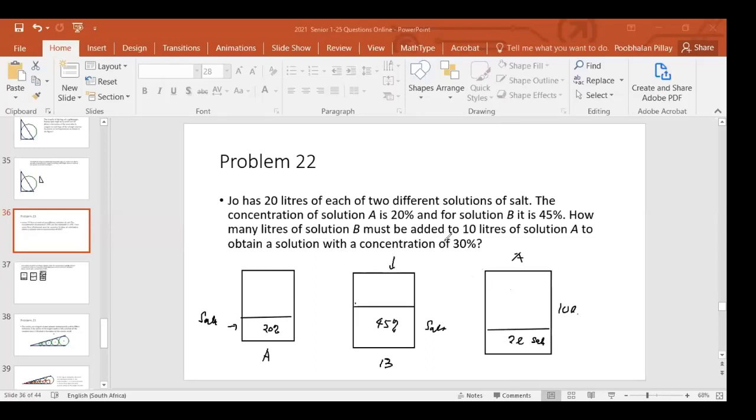Now you're going to add X liters of solution B. We don't know how much of solution B you're going to add to this quantity here, so that the new concentration is 30%. All right. I've put everything here into a single diagram.